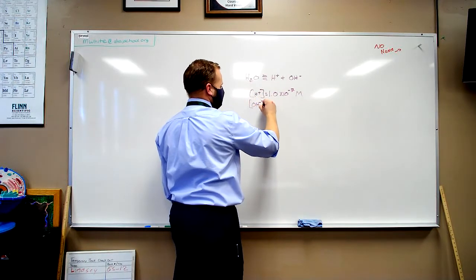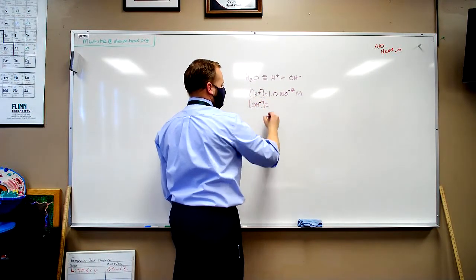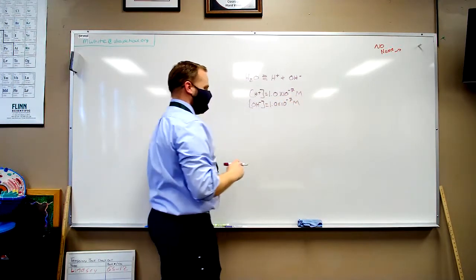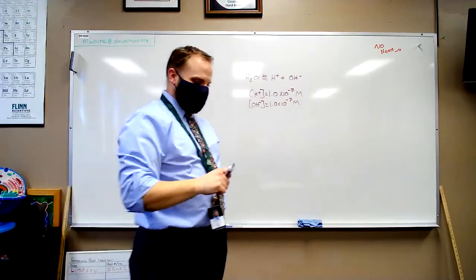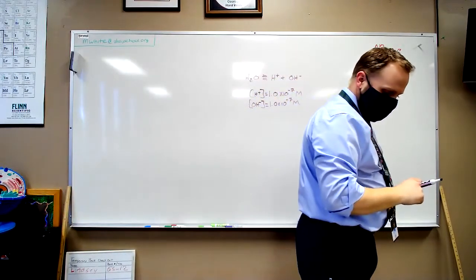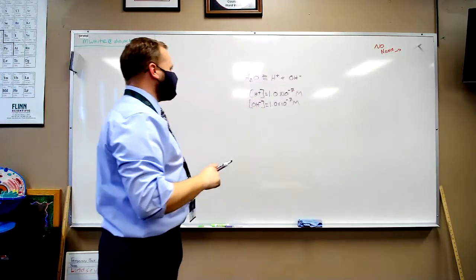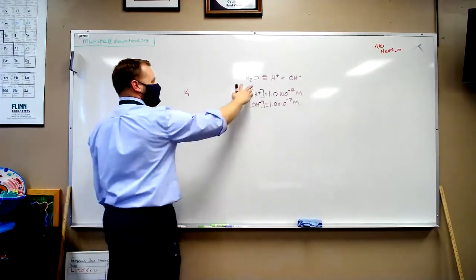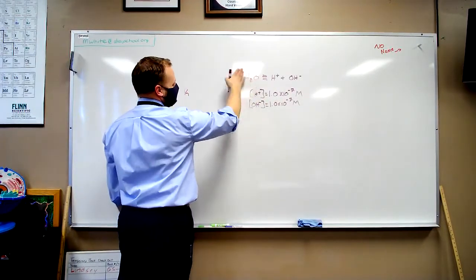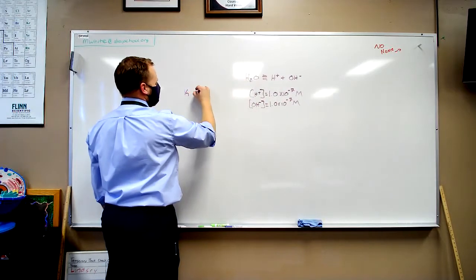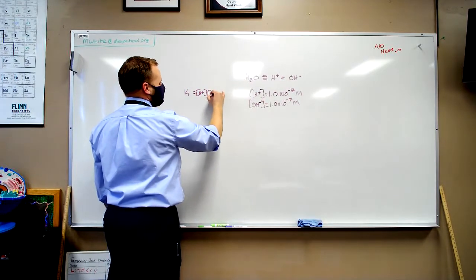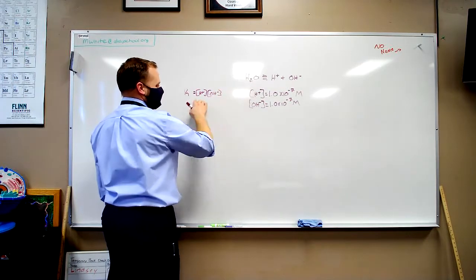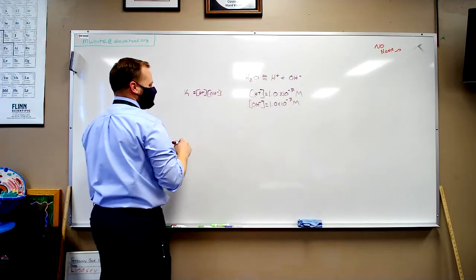Measuring the hydroxide, we figured out it is also 1 times 10 to the minus 7. So if we set up our K expression, now this is a pure liquid, so we don't include it. So all we have is H plus and OH minus. Normally we put that underneath, but because it's a pure liquid, we get rid of it.